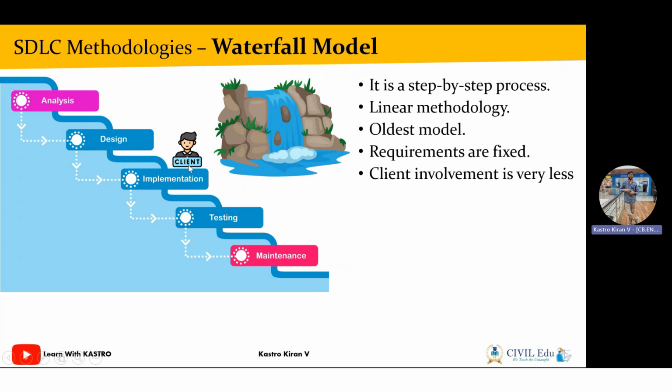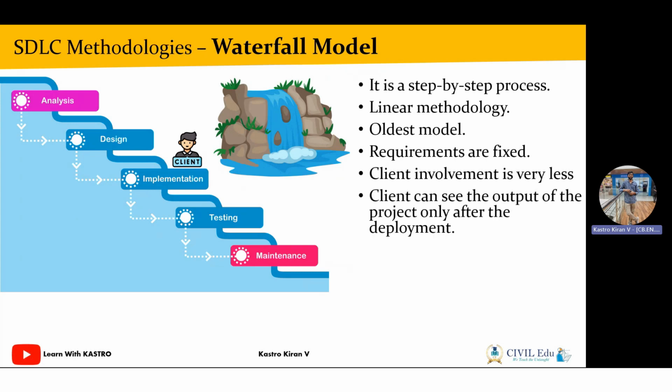So that's the reason why the client's involvement is very less, and also the requirements are fixed. If client involvement is high, what will happen? When you are in the last phase, if the client comes up with a new idea, again you have to restart the entire work from the very beginning stage. So that's why the requirements are very fixed in the waterfall model, and client involvement is also very less.